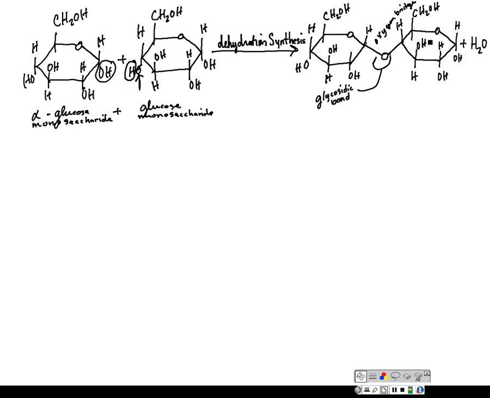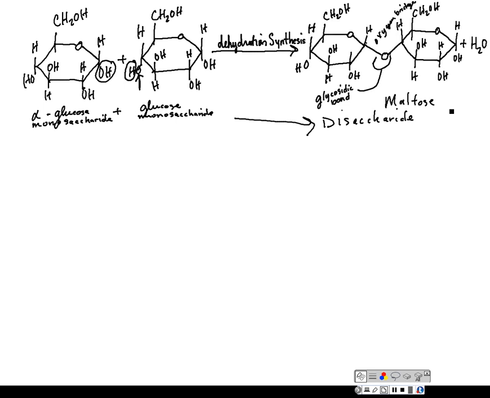What is this big thing up here? What is this called? Beautiful, disaccharide. So all that made a disaccharide. What other name can we call it? It's maltose. It's a sugar found in beer. Okay? So glucose plus glucose makes maltose.